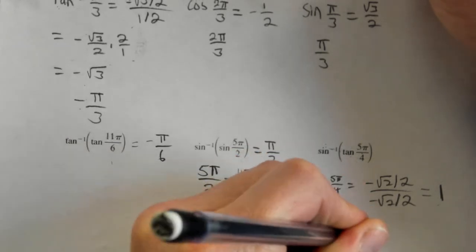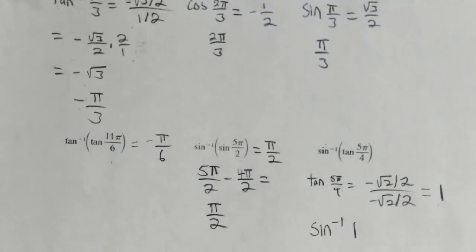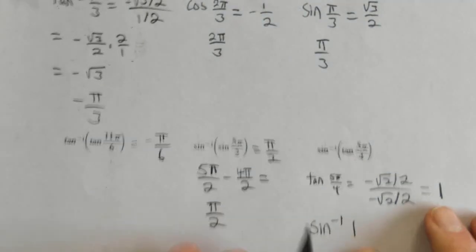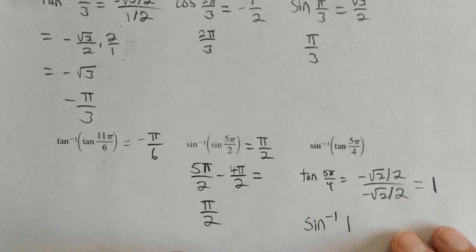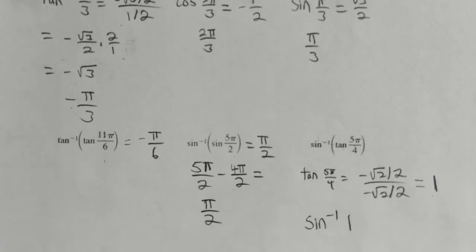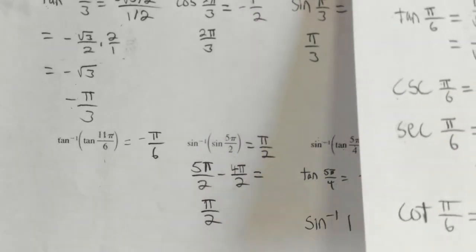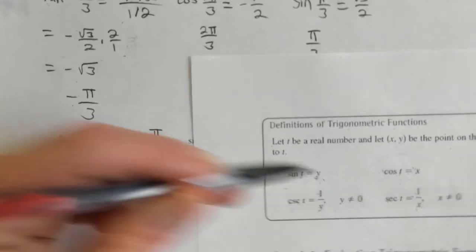which means I need to find the inverse sine of 1. Okay? So now, again, I'm in the mode of trying to figure out inverse sine of 1. That means I need to figure out which angle has a sine value of 1. So the sine of what angle gives me 1, in other words. Looking on my unit circle, remember sine is just the y value.